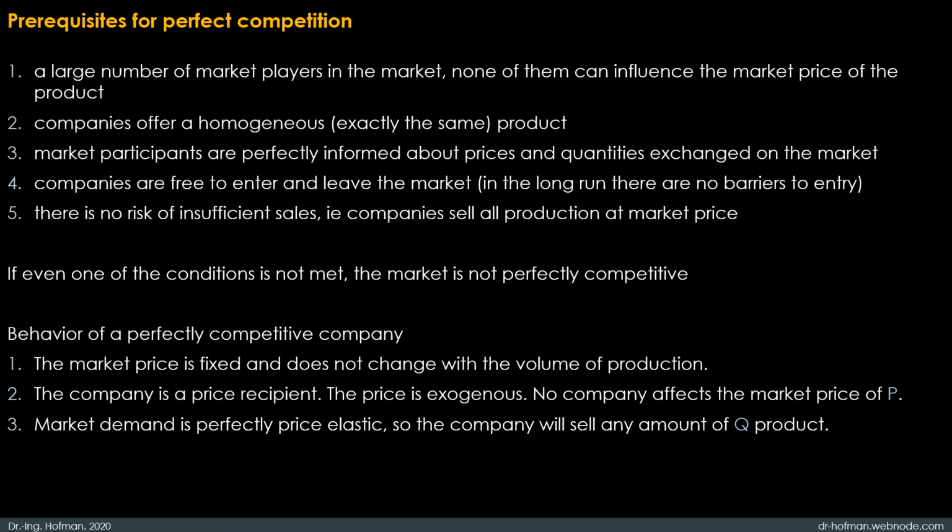There is nothing hidden and they can operate in the free market well. In the fourth condition, it says companies are free to enter and leave the market. In the long run, there are no barriers to entry. In the short run, there are, of course, slight barriers to entry. We will speak about it later.